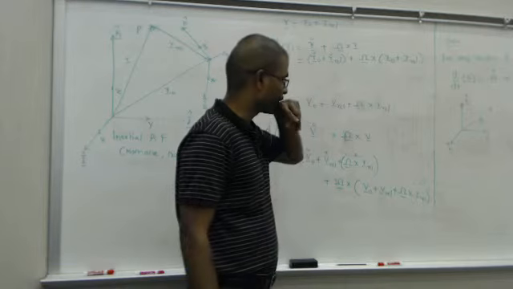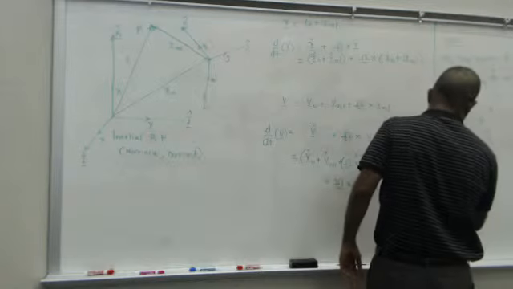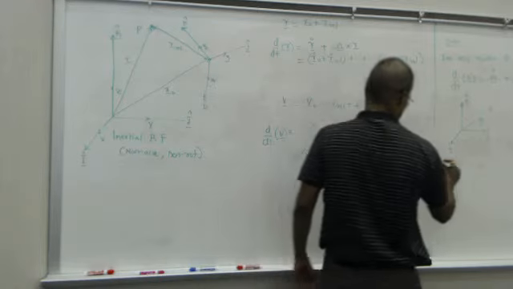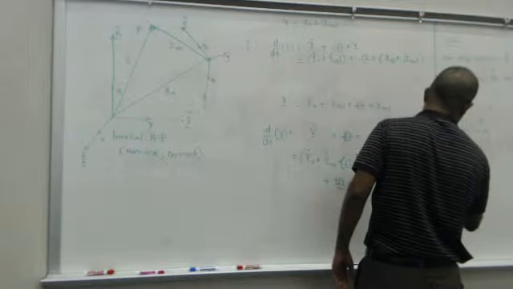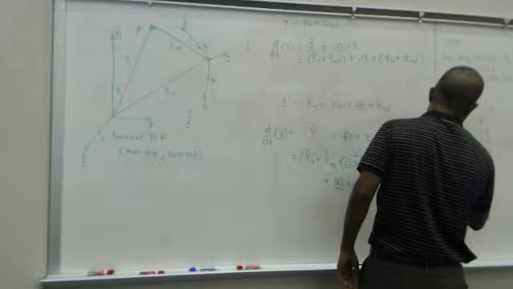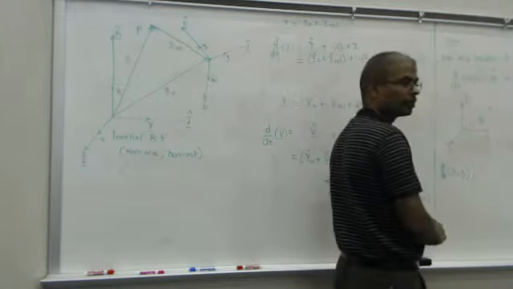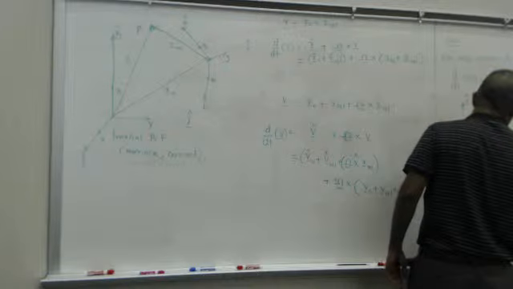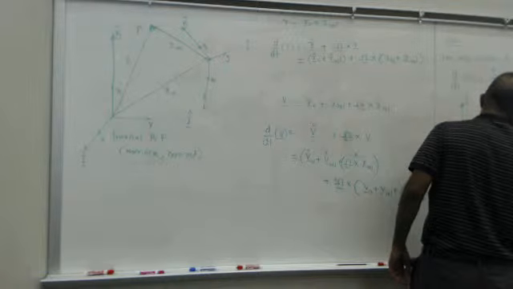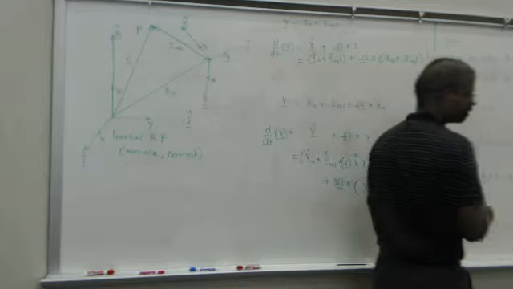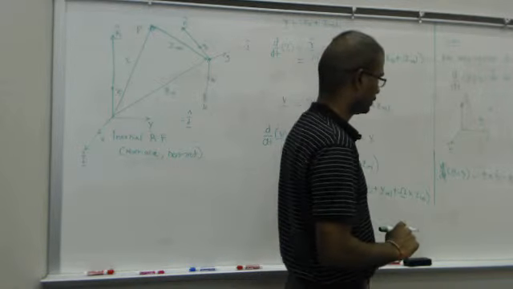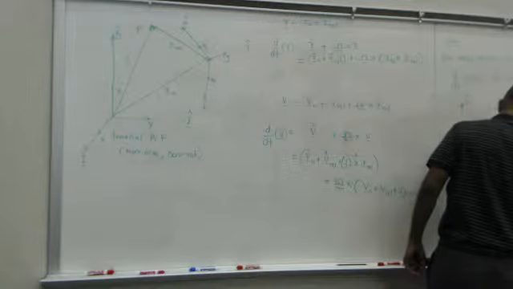So what is d over dt of A cross B? Remember? It is A cross with B dot, plus, sorry, minus B cross with A dot. So check your notes. I'm sure we have done this.